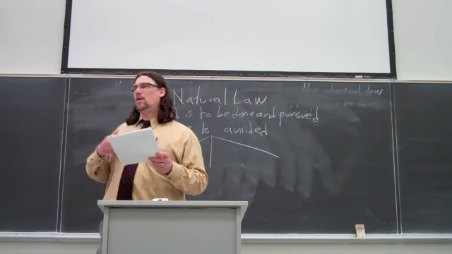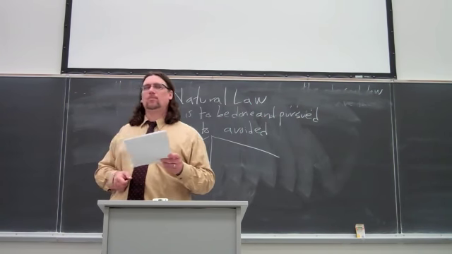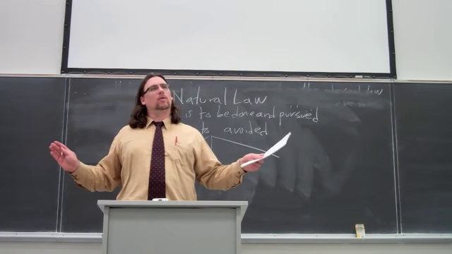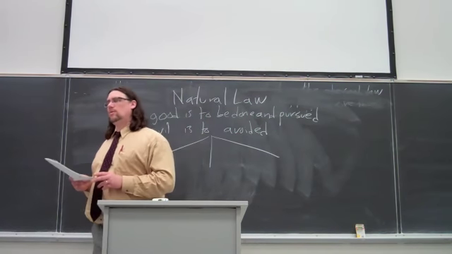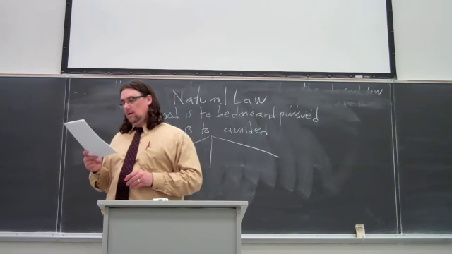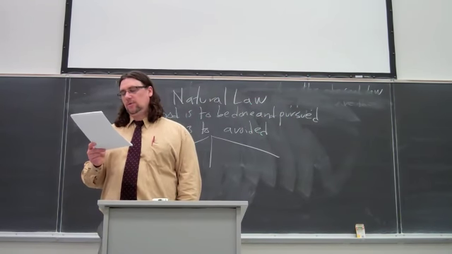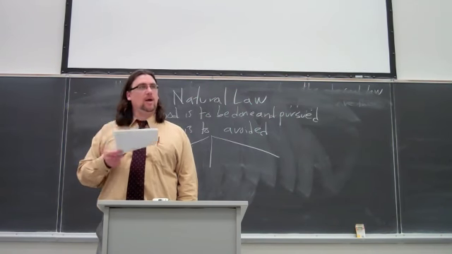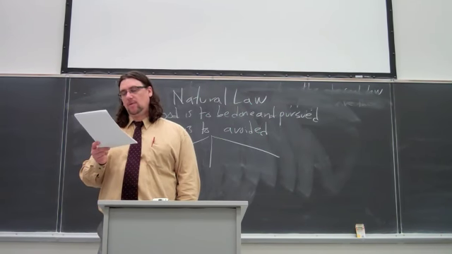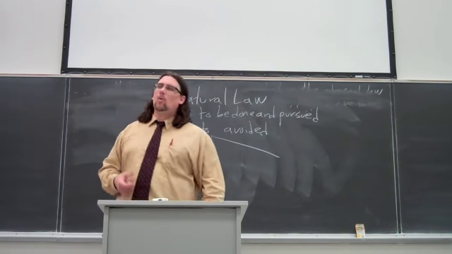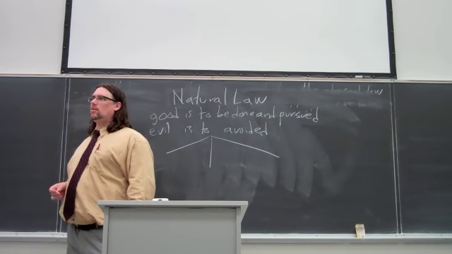What is it that we're naturally inclined to? Well, let's start with the broadest thing. What do we share in common with all other beings? He says, there's first of all an inclination to good in accordance with the nature which you and I have in common with all other substances. What is it that all beings try to do?